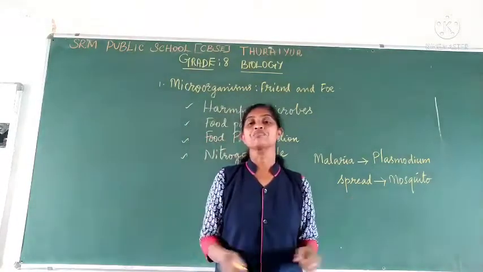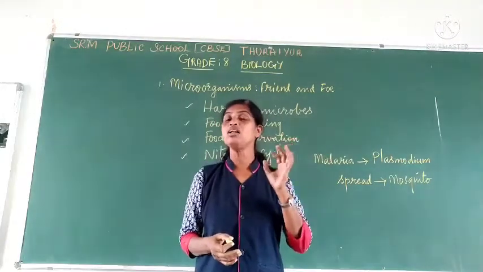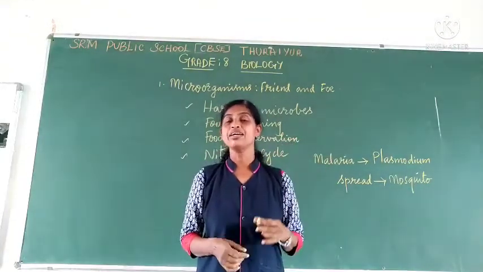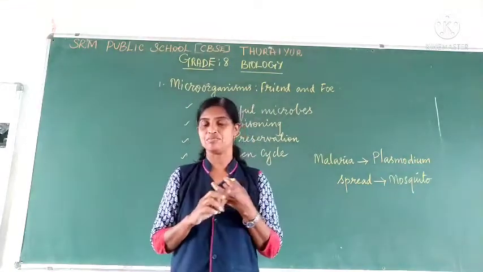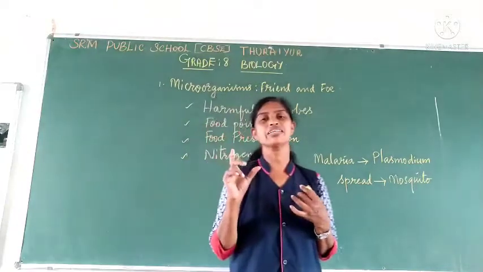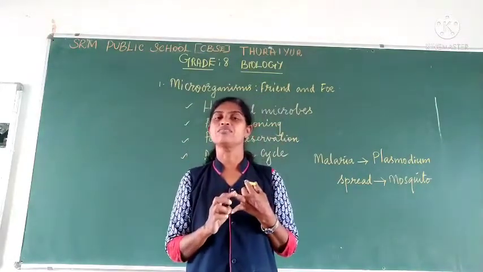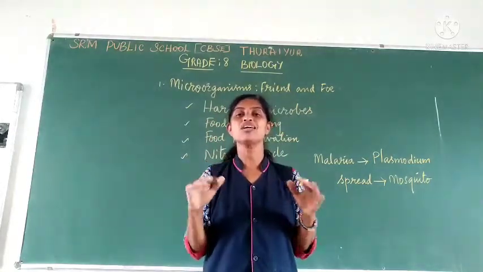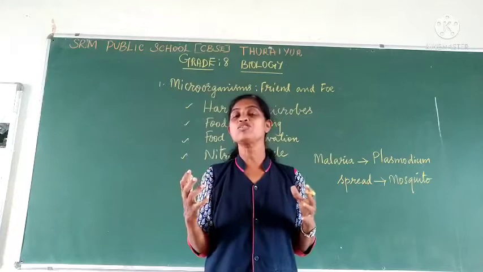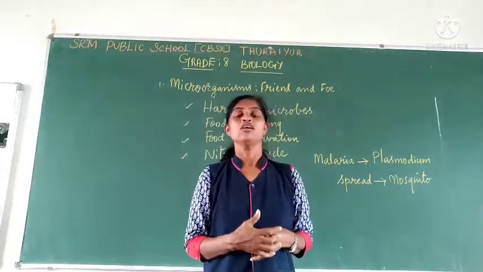Okay. Then some of the plant diseases. Just recall plant diseases, right? So the first one we studied was citrus canker. Yes, it affects citrus fruits, right? Then rust of wheat, right? So these are some examples of plant diseases. Understand? Right.